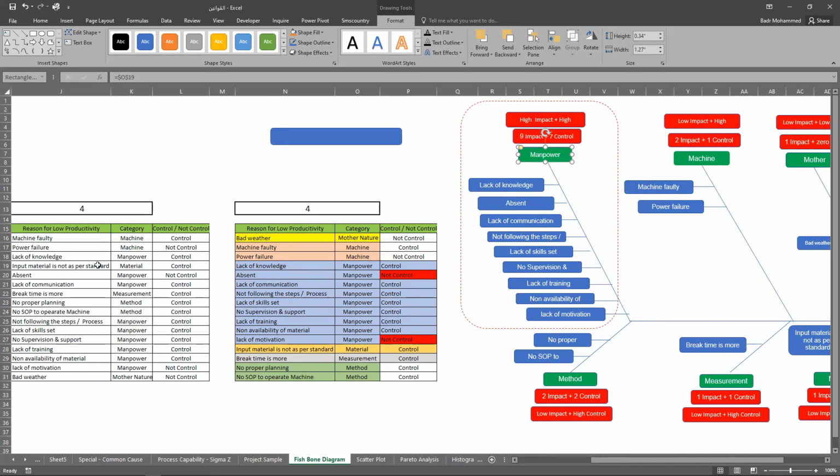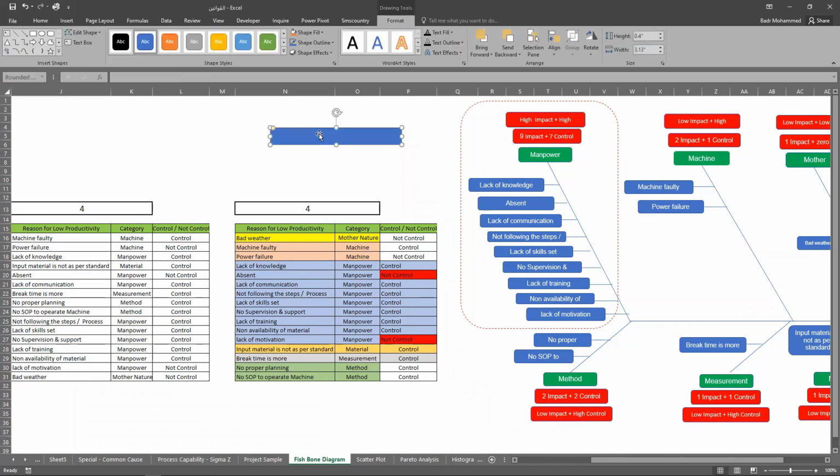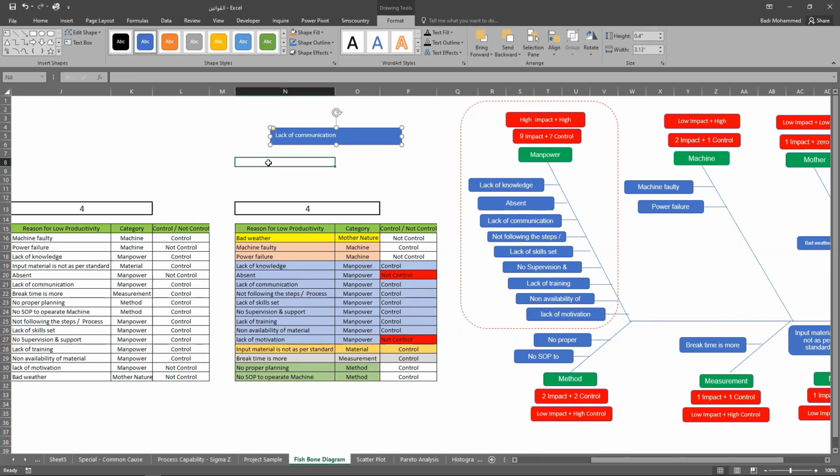This is manpower. All of this is manpower. So you need to take, for example, this manpower item, no following, from here and put it here. Here we tell you: don't type, or don't copy and paste, or edit the text like this.